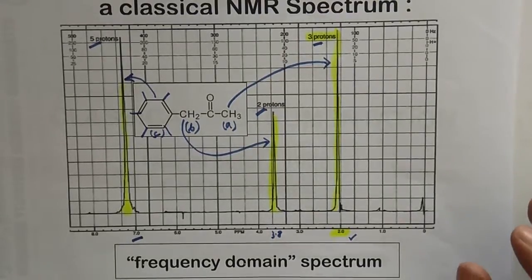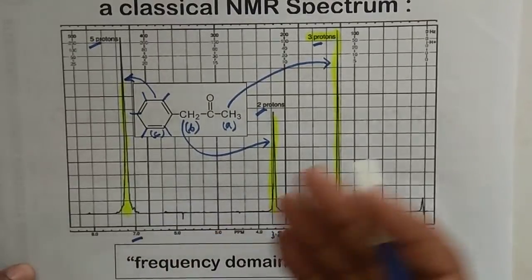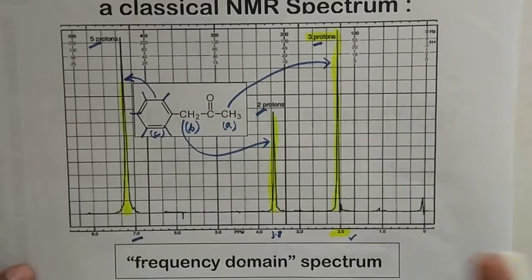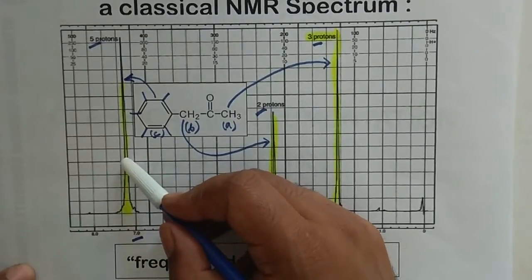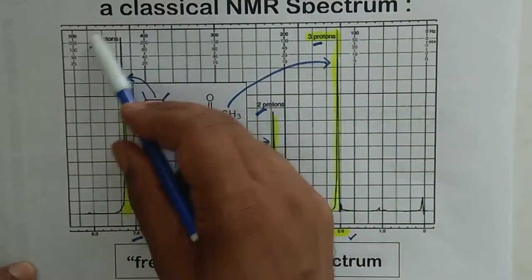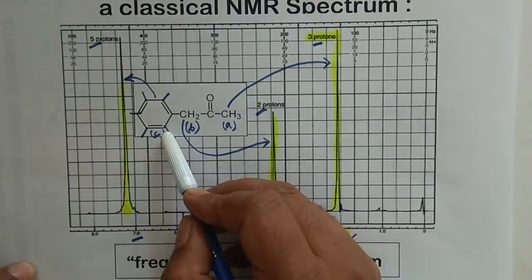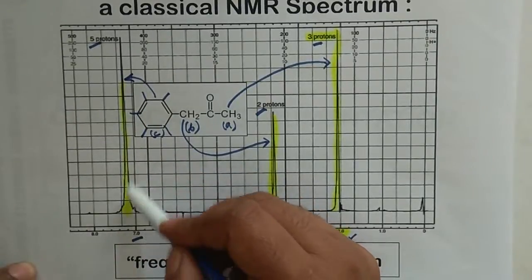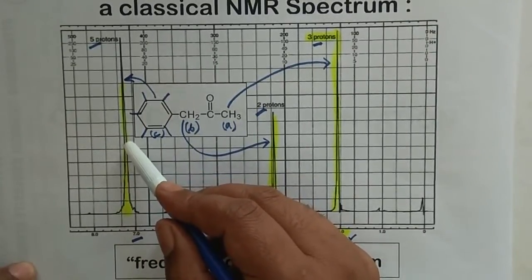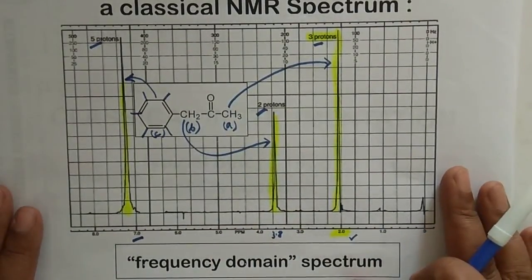But right now I am giving you a key. Whenever you find, in your MSc courses and in competitive examinations, a peak somewhere around 7.1 ppm with say 4, 5 or 6 protons, then benzene is probable. It is very important to note that benzene's protons will resonate at around 7.0, a downfield signal. We can call this a downfield signal. So this was actually the spectrum of phenyl acetone.